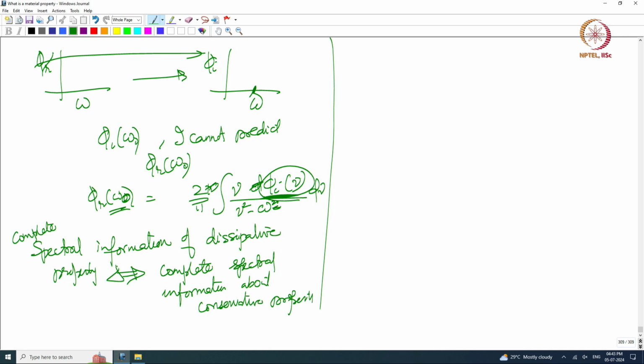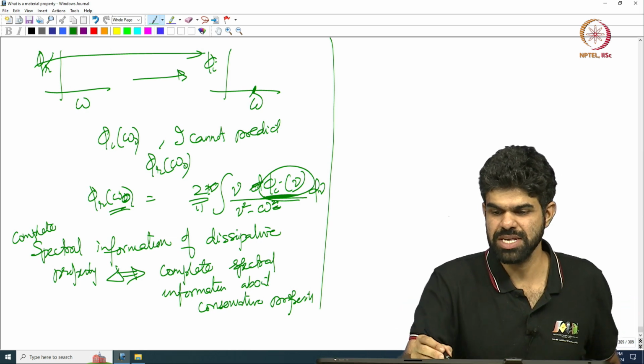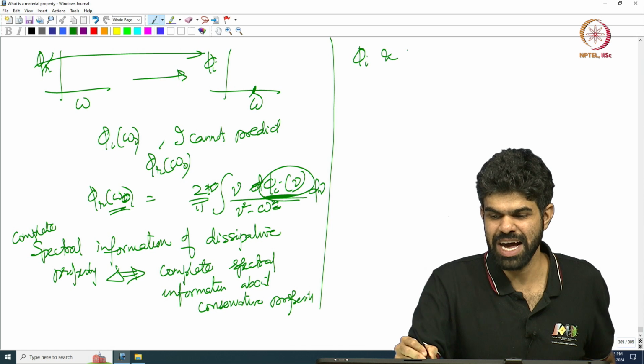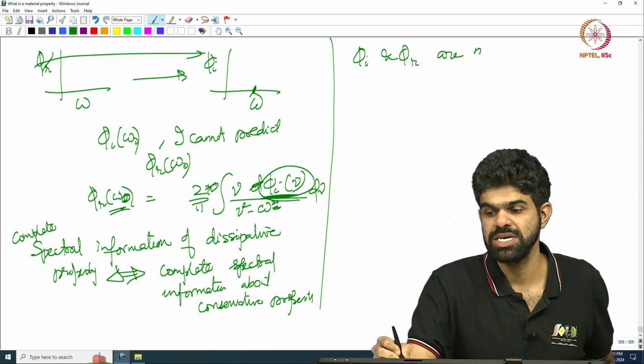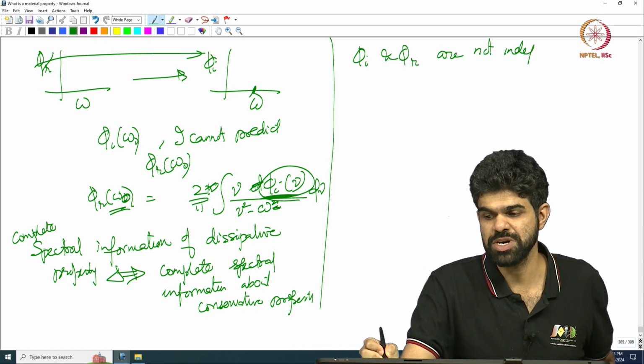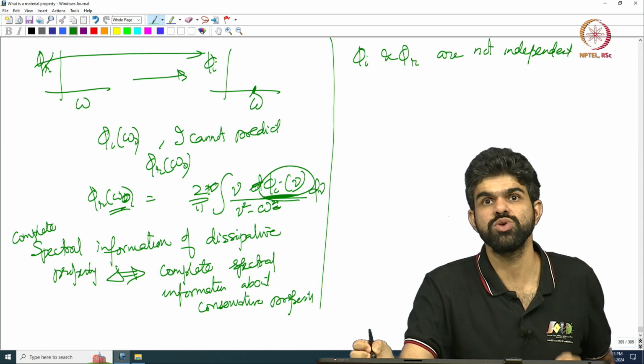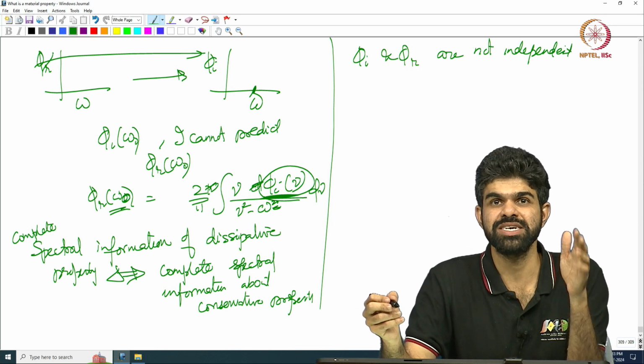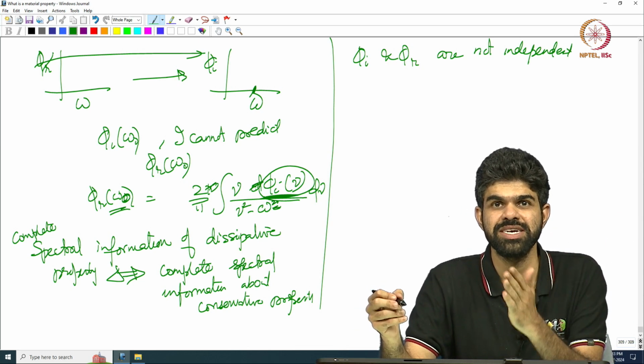These are not independent, they are two sides of the same coin. Phi I and phi r are not independent. This is what I have been saying all this while: scattering and absorption are related, dissipation and conservation are related.